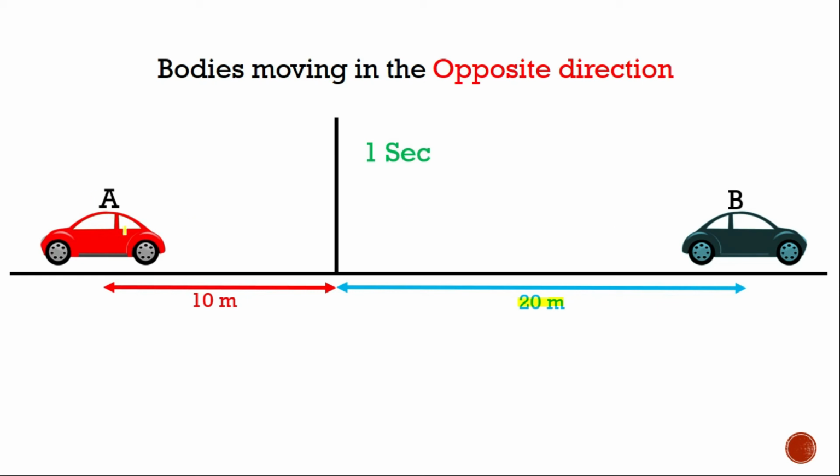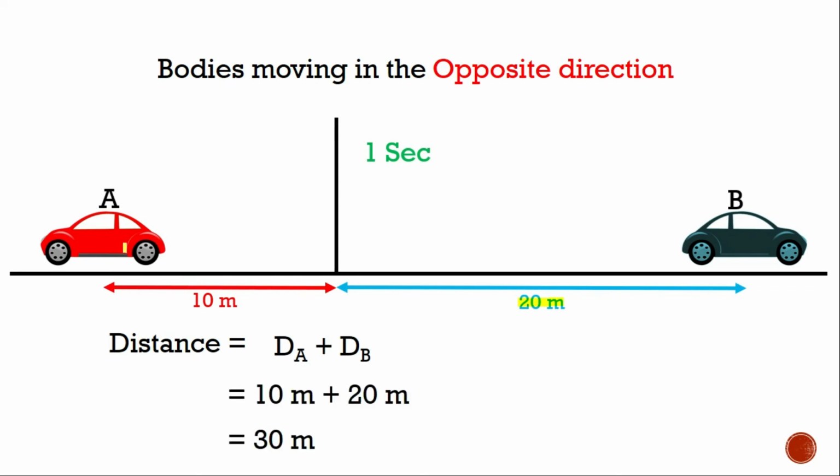How much is the car A away from car B? The answer can be found by adding both of these distances, which will be 30 meters. So both these cars are going apart from each other 30 meters per second, and this is their relative velocity.